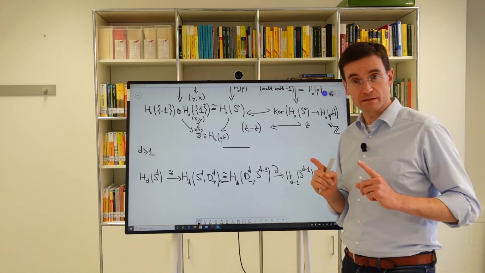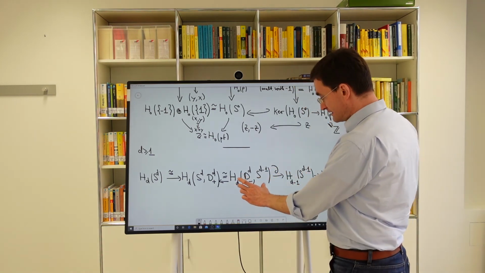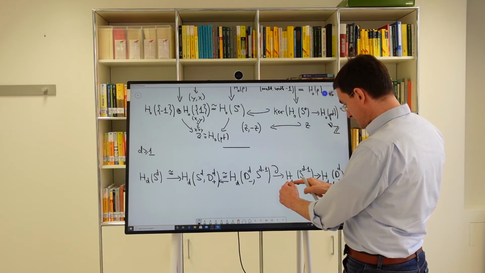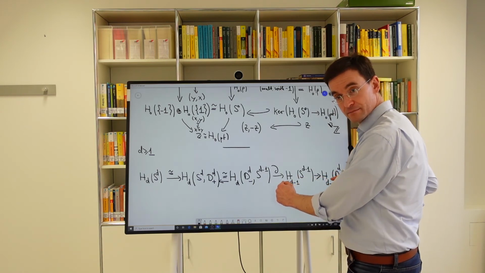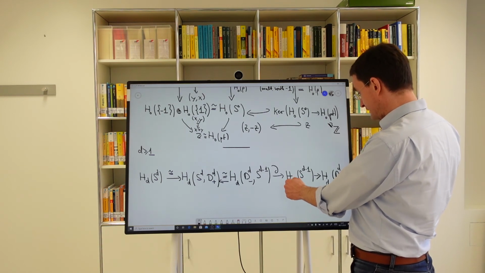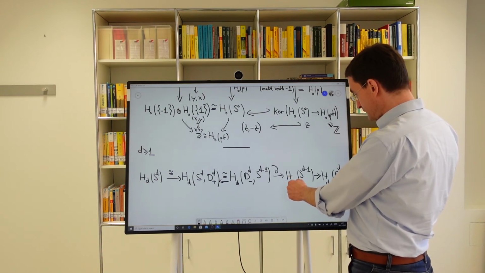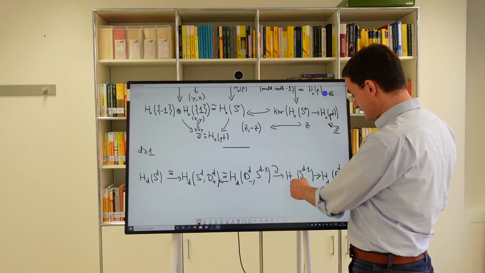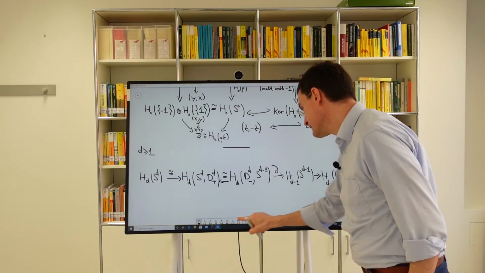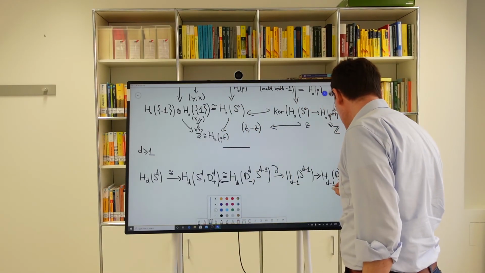In particular, that guy over there is isomorphic to the kernel of this map. Now, what is the kernel of this map? This is just the kernel of the map HD minus 1, SD minus 1 to HD minus 1 of the point, because this DD minus 1 is just a point.